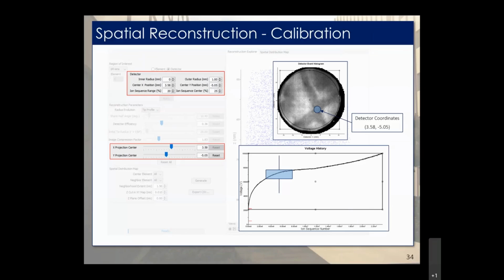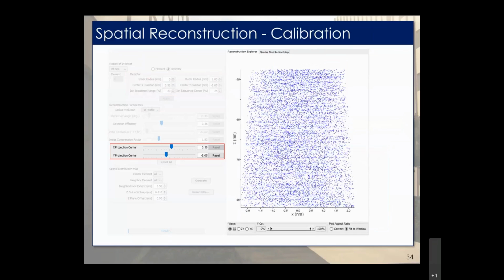Even when we just look at the reconstruction volume, this small subsample volume, we can already begin to see planes appearing, these horizontal lines, when we look at the distribution of the ions.